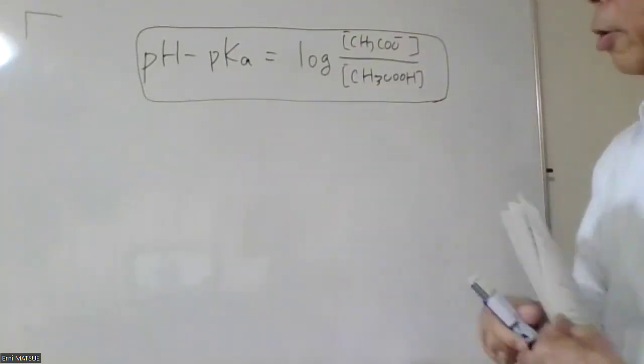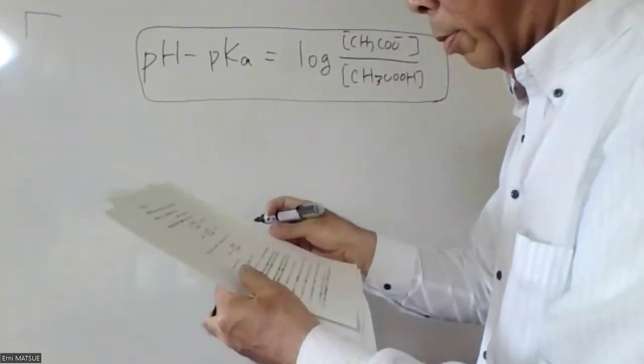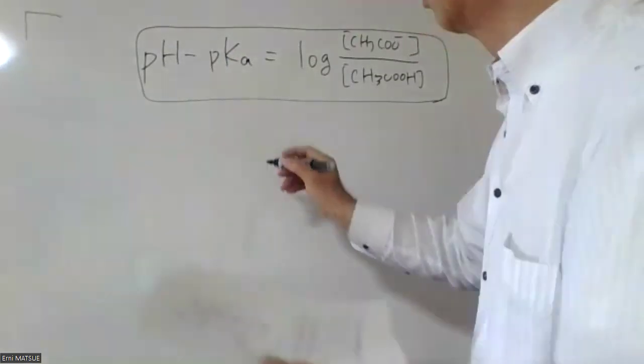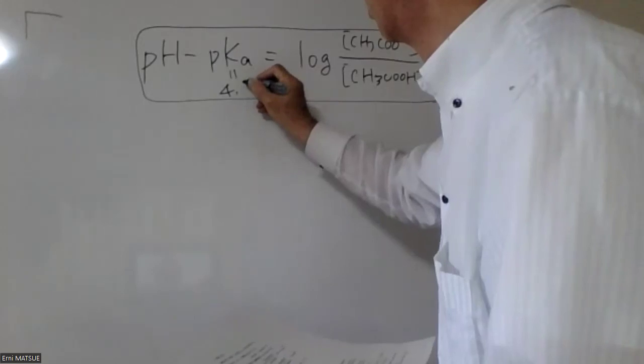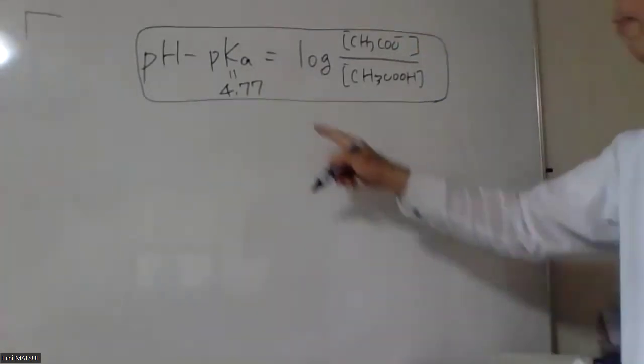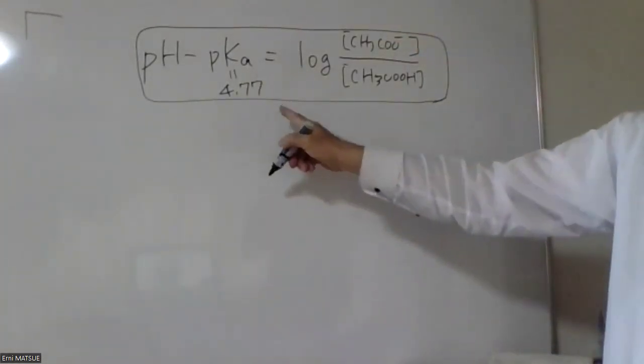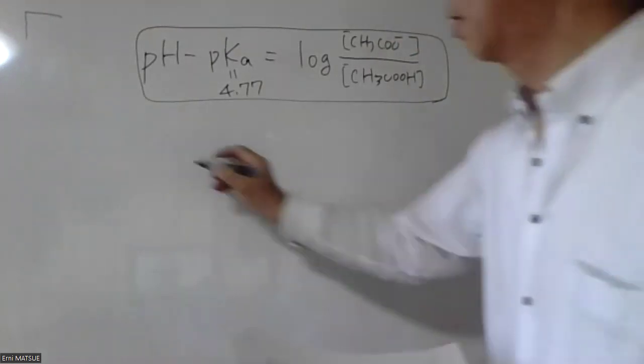From this equation, here pKa is equal to 4.77.